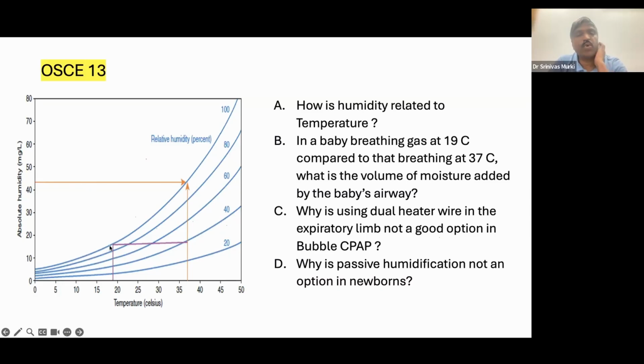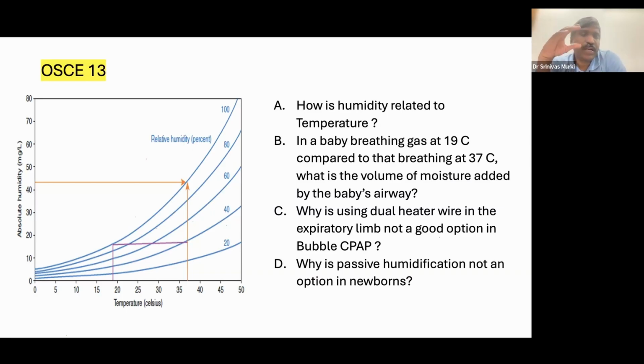So if a gas is holding 20 ml at say 19 degrees Celsius, the same gas at 37 degrees Celsius will be able to hold 40 ml of water per deciliter.